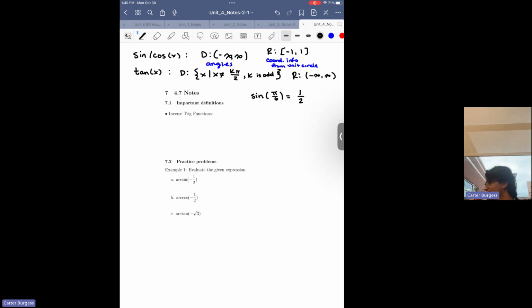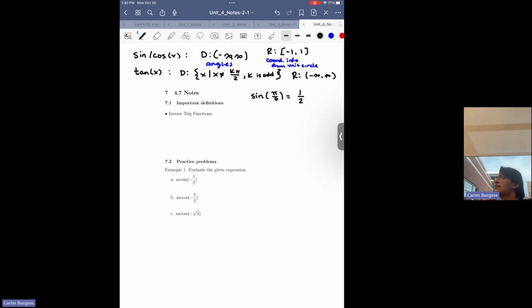Tangent's a little bit weird. Okay, so this is what we've been working with up until now, with the addition of tangent, a little bit new. But sine and cosine, hopefully all looking pretty similar to what we've seen up until this point.